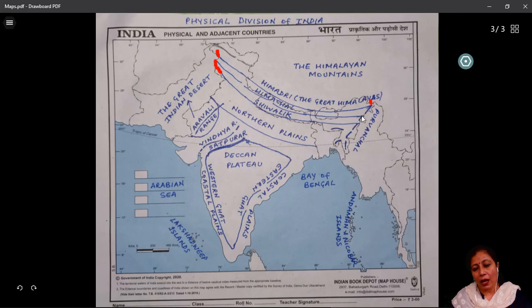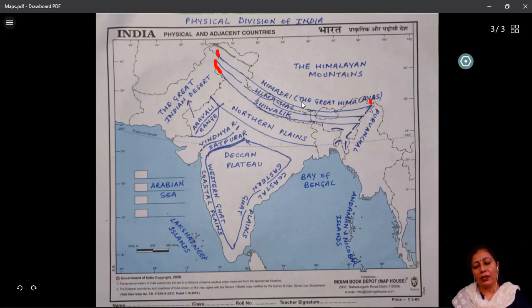In Nagaland there are the Naga hills, in Mizoram the Mizo hills, and then in Assam, Meghalaya, Tripura and the other northeastern states. These are also called the foothills of the Himalayas, or Purvanchal. So, this is all about the Himalayan range.